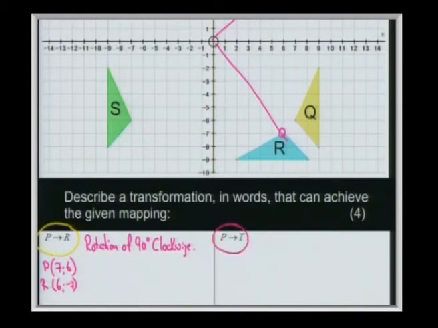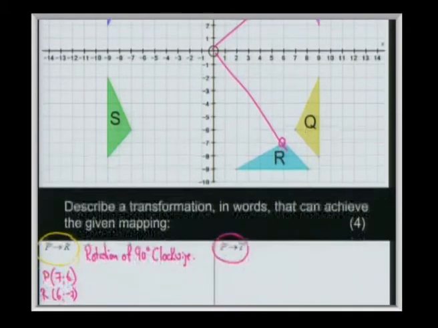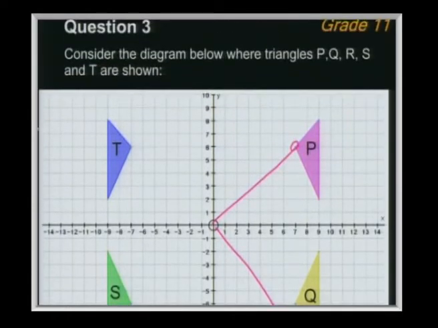From P to T. Well, from P to T, it's going across the y-axis. Let's have a look at the triangles just to make sure that the shapes haven't done something else strange. Well, this side over here is 1, 2, 3, 4, 5, 6 units long, and so is that side.